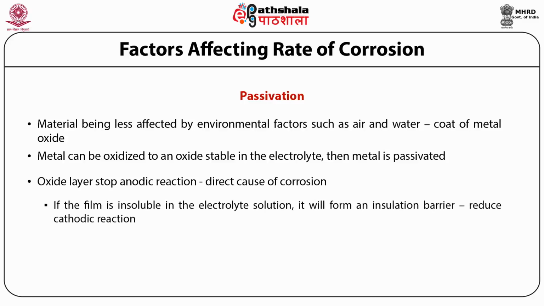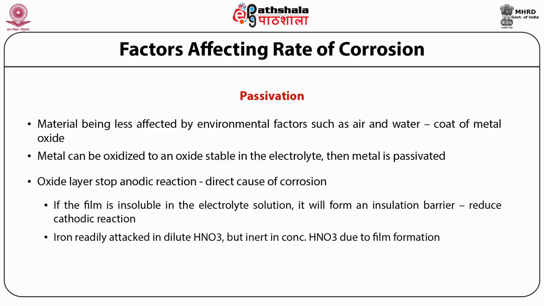And if the film is insoluble in electrolyte solution, it will form an insulation barrier which will reduce the rate of cathodic reaction. Iron is readily attacked by dilute nitric acid but is inert in concentrated nitric acid because a thin protective film is formed.